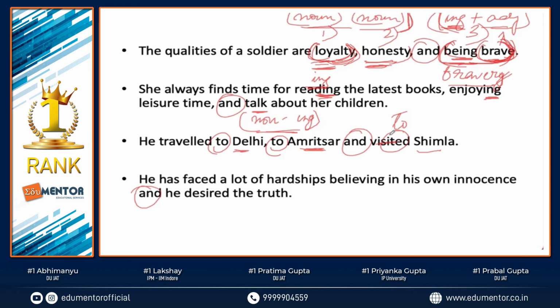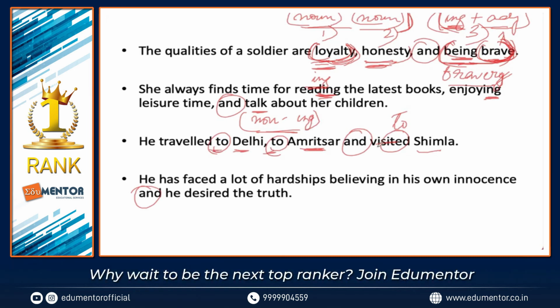We can also do one thing. This sentence can be written in another way, because there are three tos over here: to Delhi, to Amritsar, and to Shimla. Too many tos. So we can write to only in front of the first city and assume that the to is being taken in common. So: he traveled to Delhi, Amritsar, and Shimla.